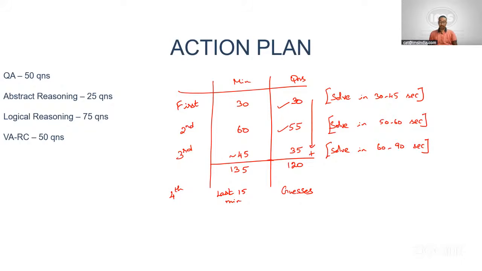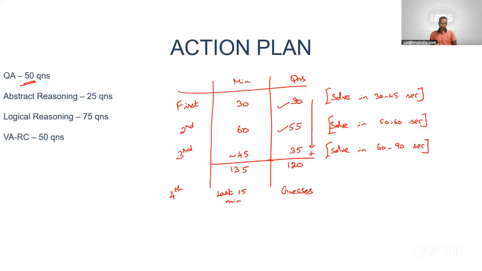Now, I'm roughly considering quants to take 1/4 of the entire paper, 50 questions out of a total of 200. So if it is roughly 1/4 of the entire paper, I will keep about 1/4 of the entire time limit.